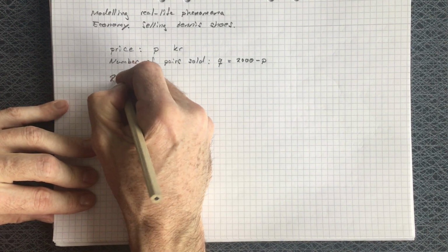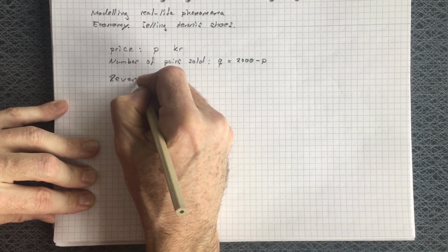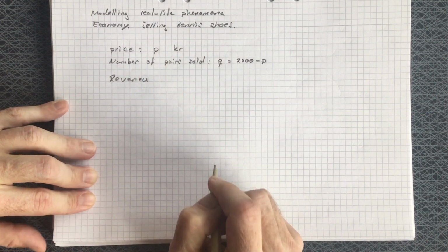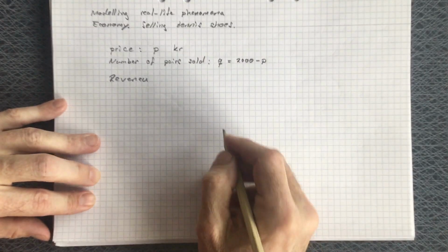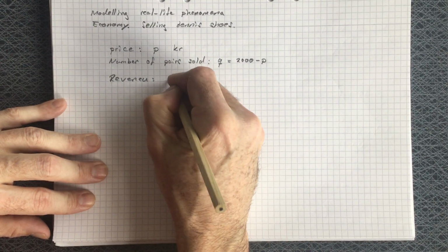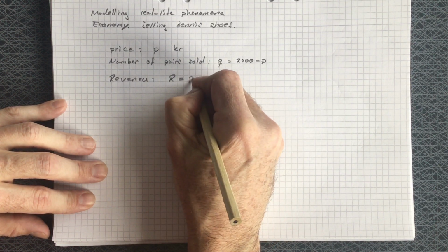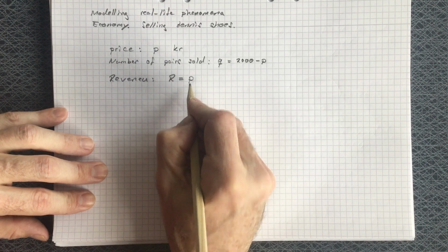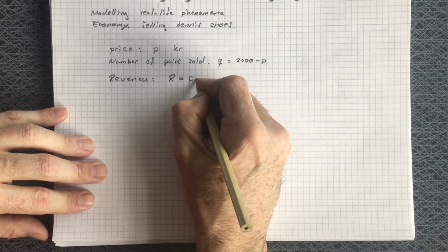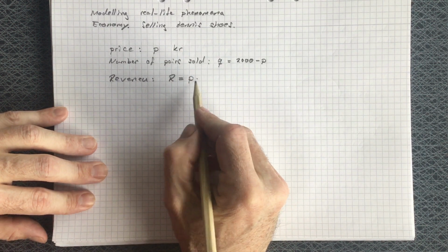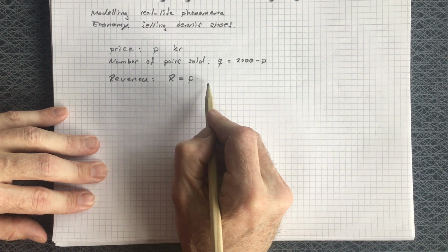Now, let's look at the revenue, the income for selling shoes. The revenue, we call it R, is the price for every pair of shoes multiplied with how many pairs you are selling.